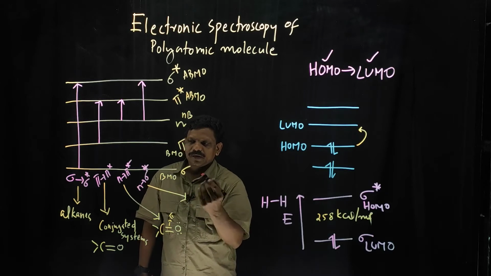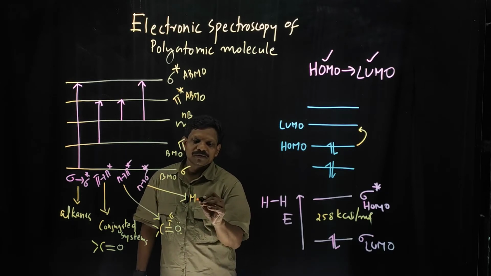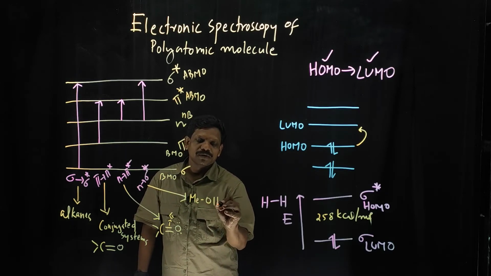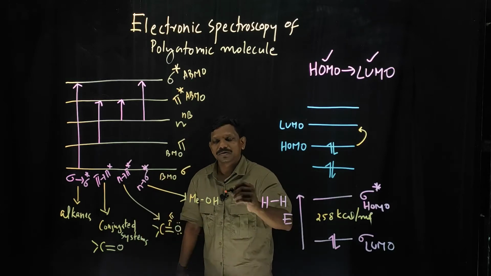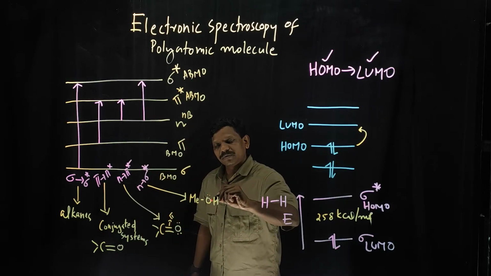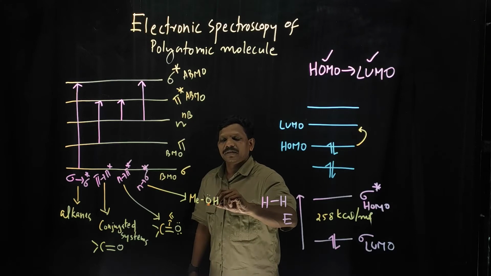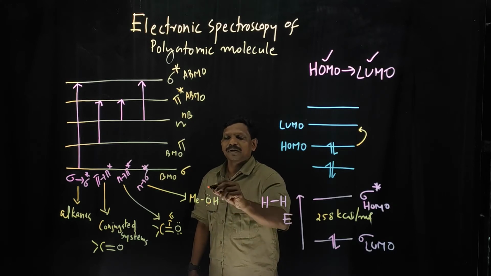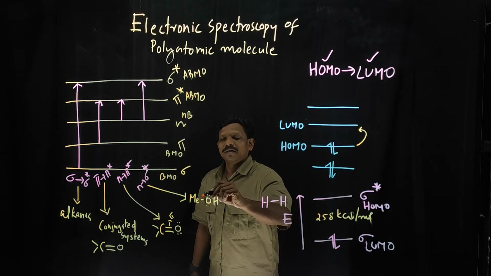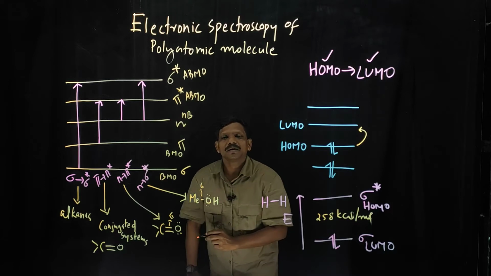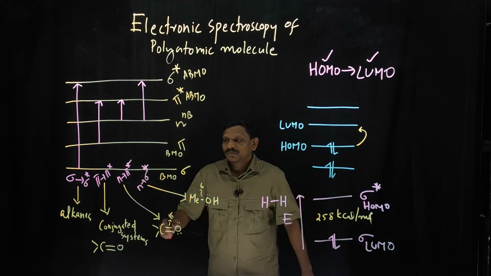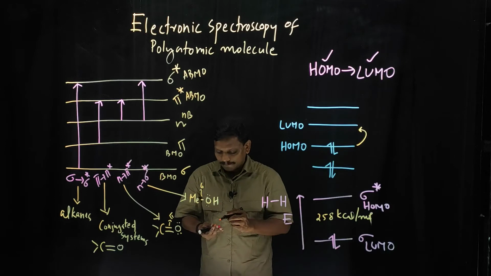Now you can tell an example of this one: methyl alcohol. Here you can see the lone pair of electrons, and also the sigma bonds. So you can expect n to sigma star transition.